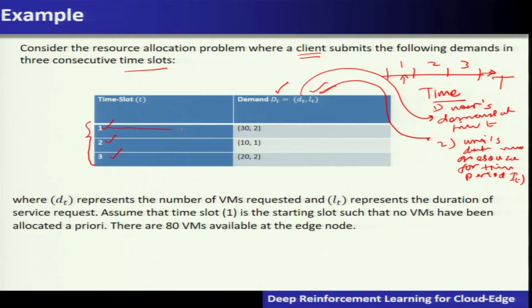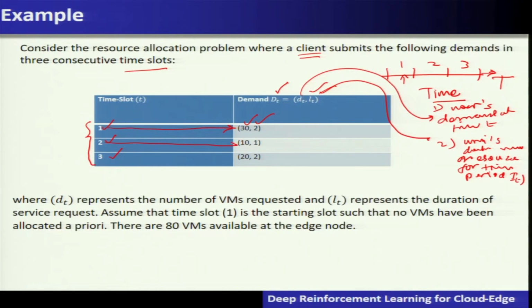So, that means for time slot 1, the demand is about 30 units of resources for, let us say, a time duration of 2 units.